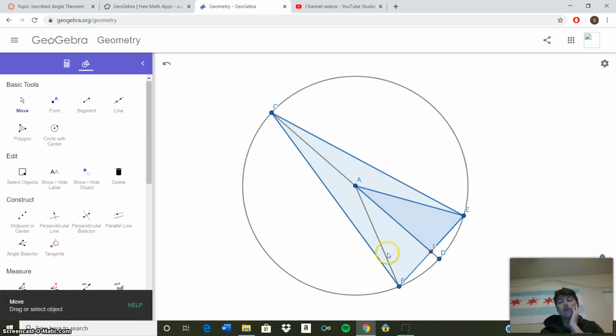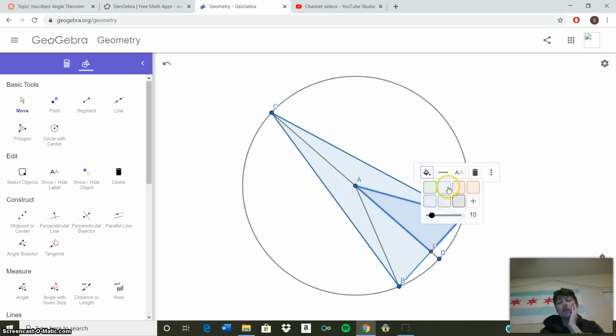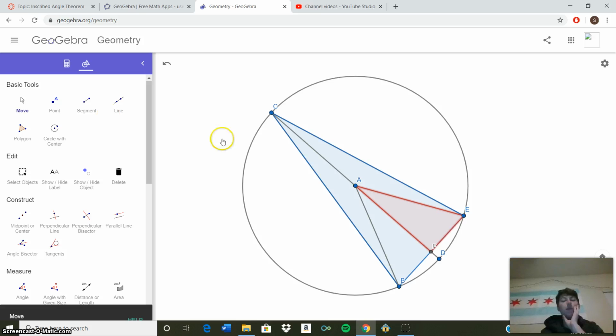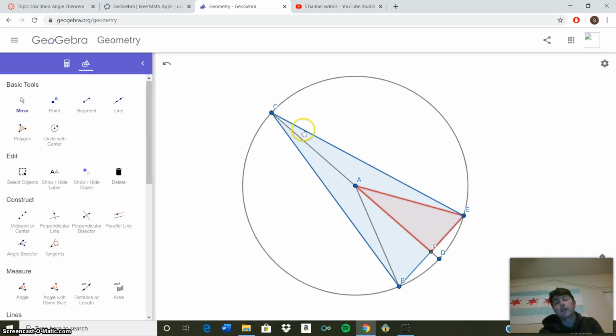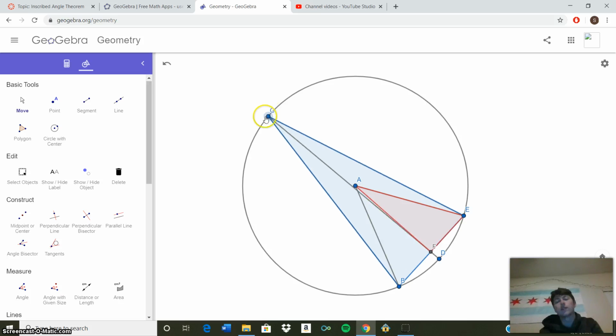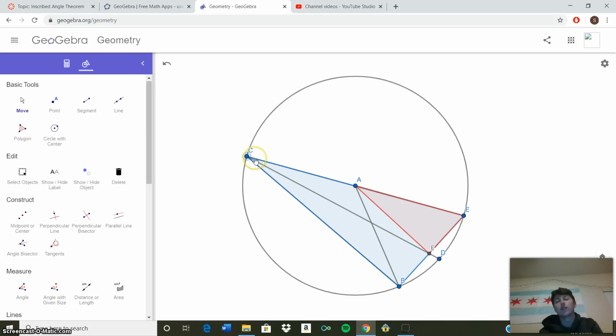Let's make that a different color. Make it red. We'll focus on this side, and if we prove it on this side, it will also work for the other side. So we have the exact same thing where we have this angle here, called angle theta, and this looks very similar to how we just had it when it was our diameter like this, ignoring this line.